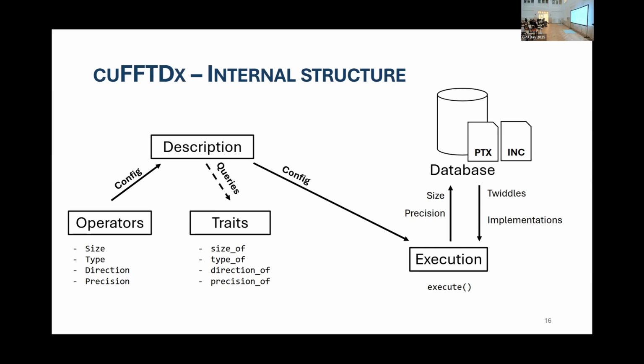It is then put into an execution structure that communicates with, well, a database of some sort. It is a directory of include files and pre-computed PTX assembly files alongside a whole bunch of FFT twiddles and pre-computed FFT multiplier constants that are just inlined into a method.